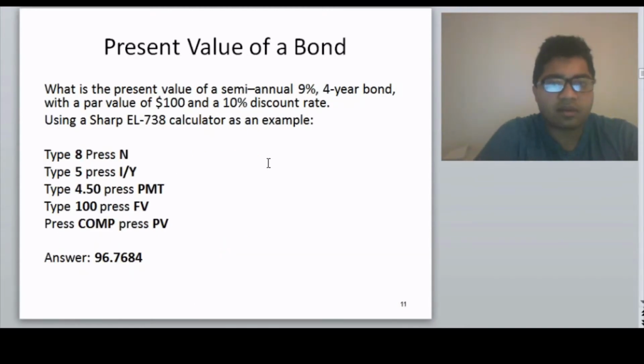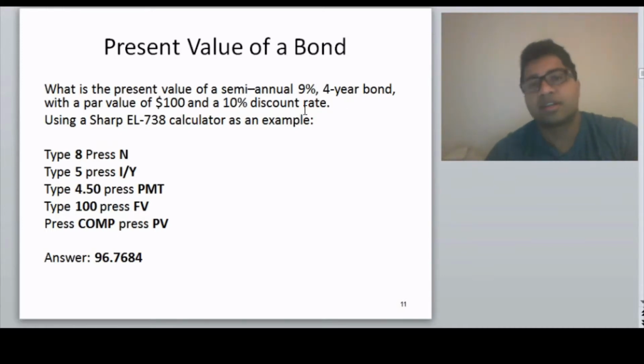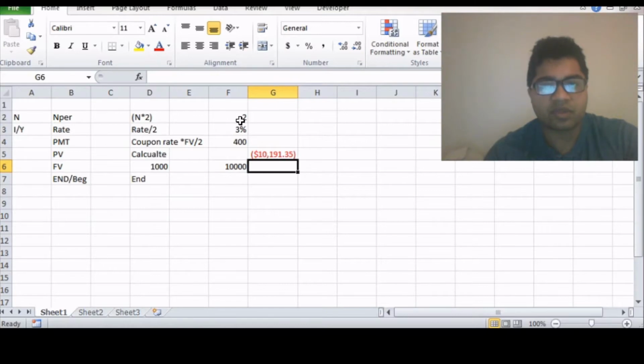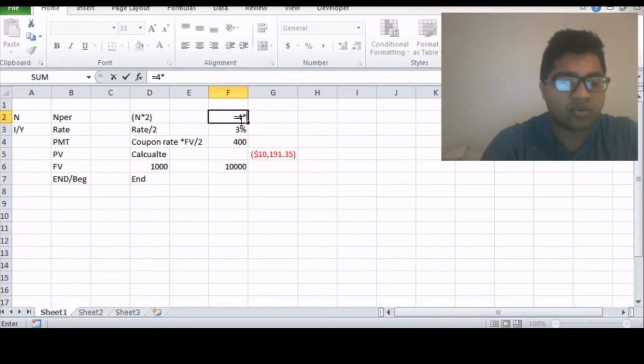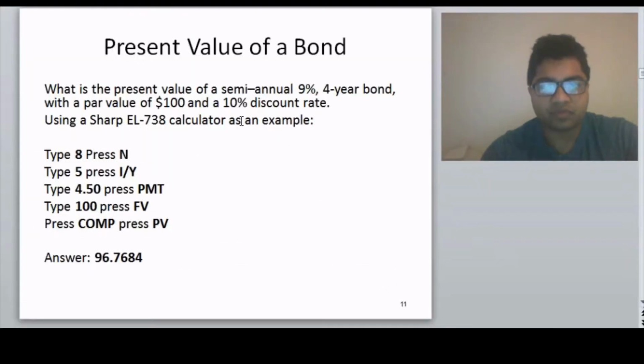Okay, so if you want, you can pause the video and try it, and then we can solve it together. So what is the present value of a semi-annual 9% 4-year bond with a par value of 100 and a 10% discount rate? So, semi-annual 9% bond with a 4-year period. So 4 years means the period will be 4 multiplied by 2.